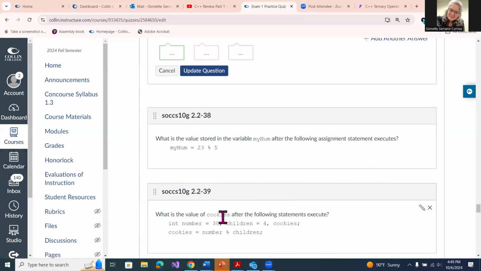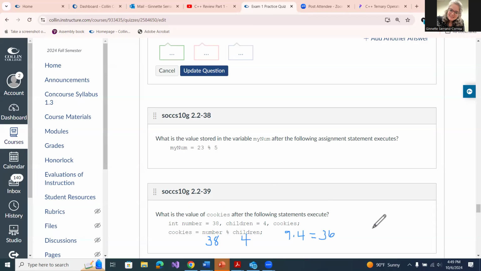What is the value of cookies after the following statements execute? All right, so number has a 38. Children has 4. So how many times does 4 go into 38 evenly? So 9 times 4 equals 36, right?